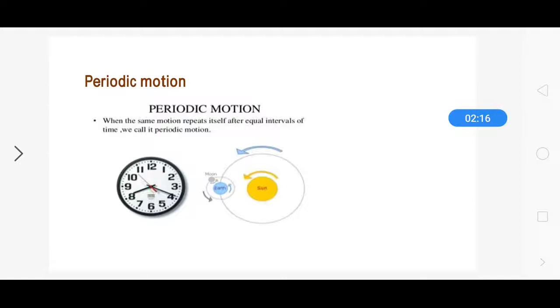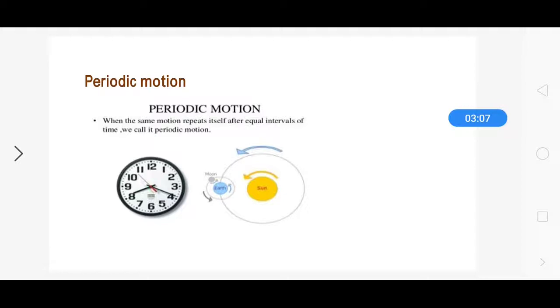And the revolution of the Earth around the sun is repeating after 365 days, that is, after 1 year. The motion of the clock hands repeats after 12 hours. So these motions repeat at regular intervals of time, and this type of motion is called periodic motion.